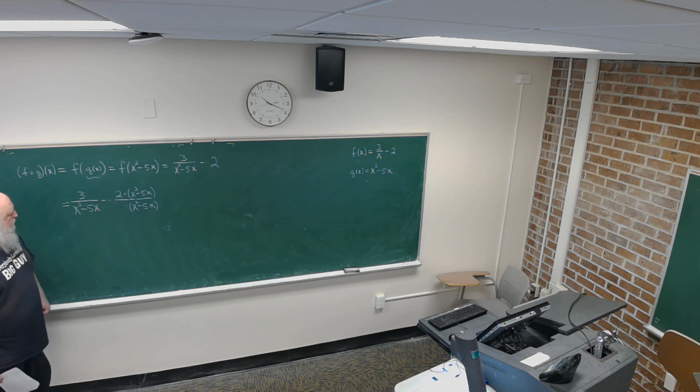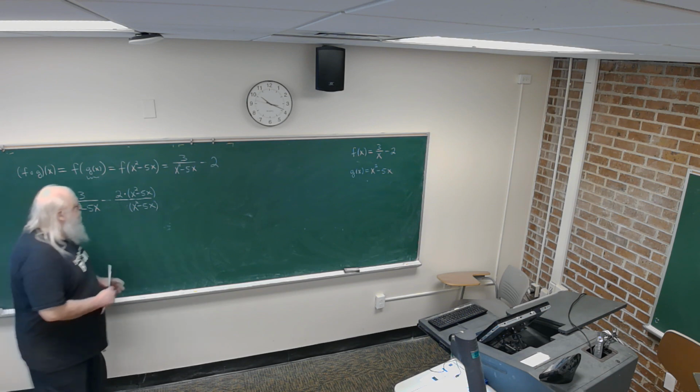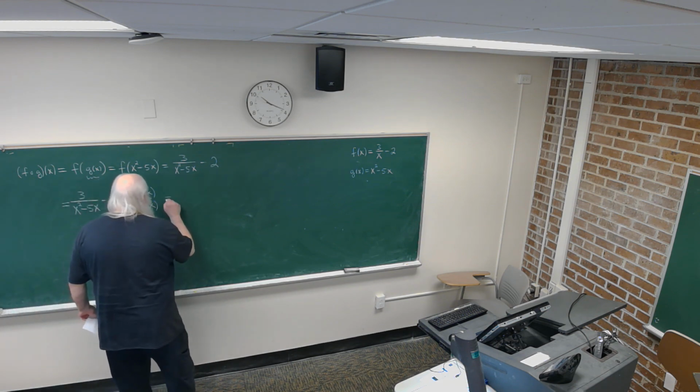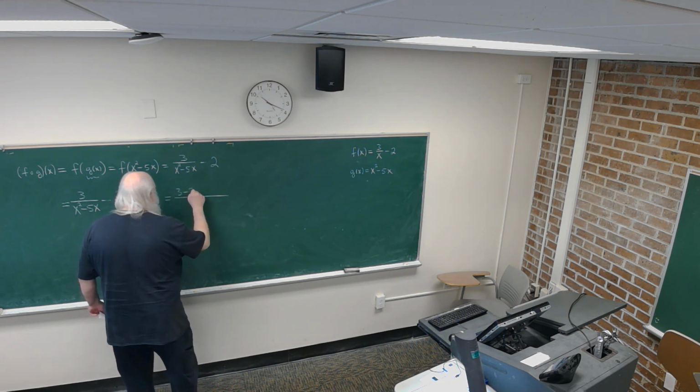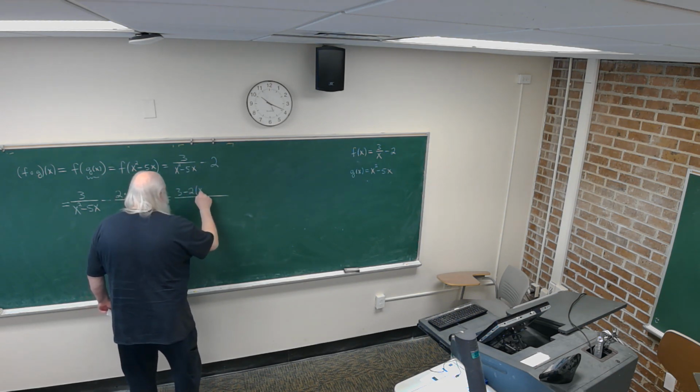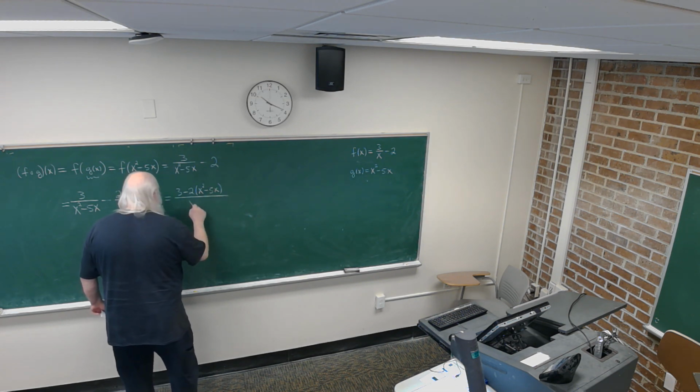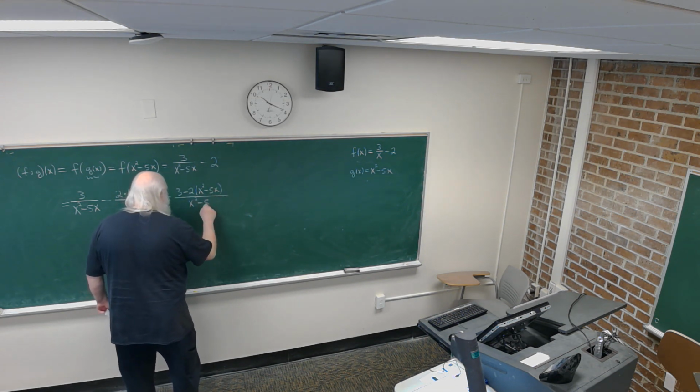And so now we can combine the numerators over the common denominator. So we have 3 minus 2 times x squared minus 5x, over x squared minus 5x.